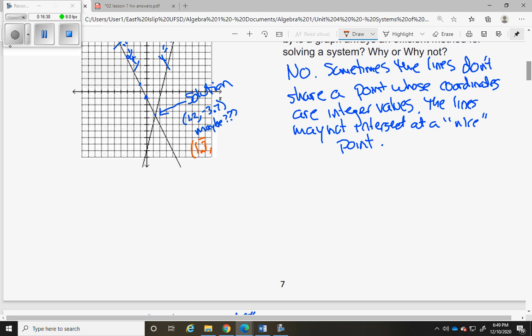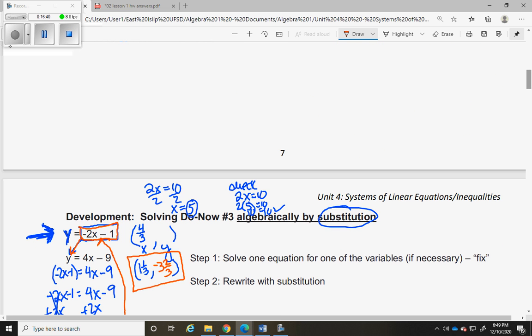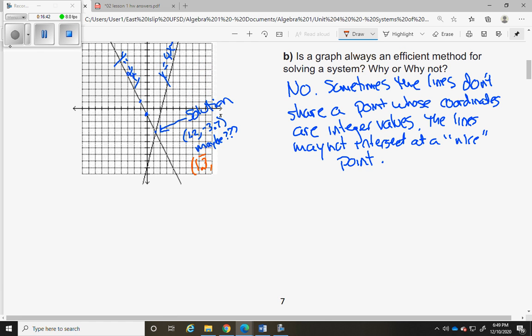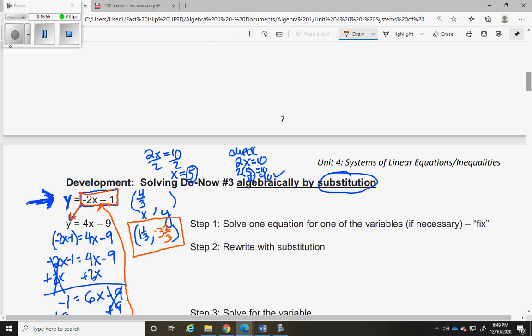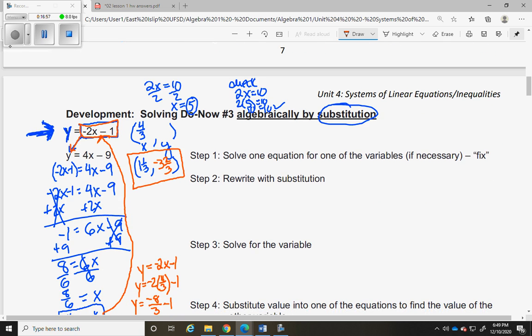So close, not perfect. -3 2/3, it's pretty close to -3.7. -3 2/3 as a decimal, it's -3.6 repeating. Again, not crazy about the repeating decimals because you can't plug them in. You can only plug in fractions when you're substituting. After I solve, I would have to do a check.